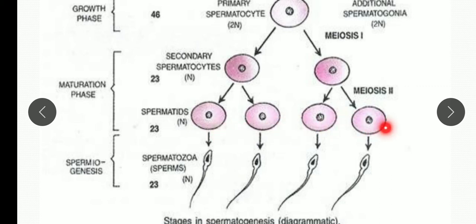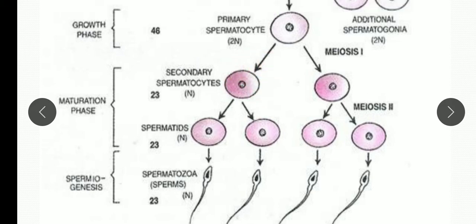That means each secondary spermatocyte forms 2 haploid cells, so in all there are 4 round haploid cells. These are termed spermatids, and spermatids are haploid. Remember, primary spermatocytes are diploid, secondary spermatocytes are haploid, and spermatids are also haploid cells.